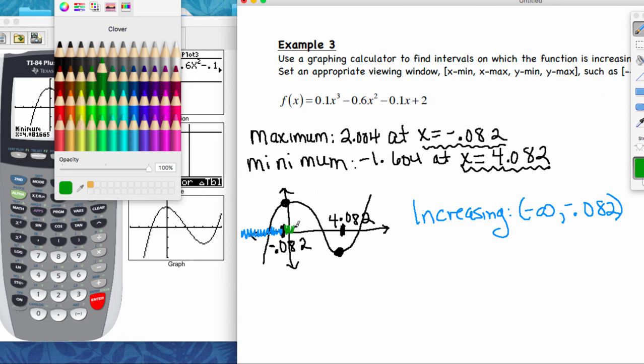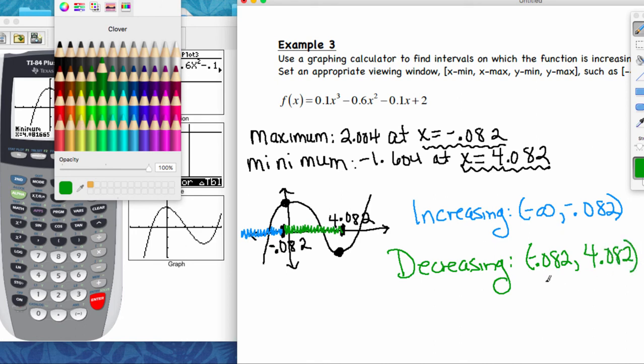And now it is decreasing all the way up to here. So my graph is decreasing from negative 0.082 up until 4.082. And then finally we are going back to increasing again, starting from here and going on forever. So we are back to increasing, and that is 4.082 to infinity.